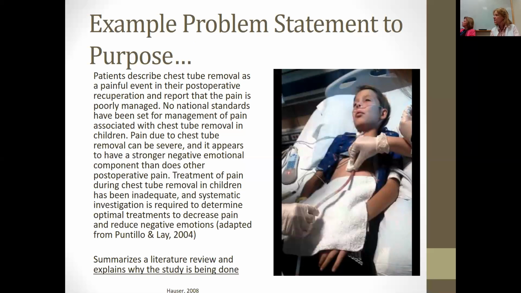So what do you think? It's only a handful of sentences, but paints the picture pretty well, huh?